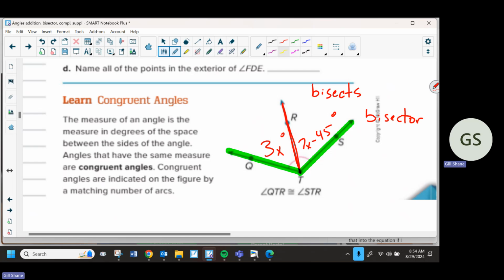If I know that little angle is congruent or equal to that little angle, because that comes from the bisector word, that's my equation. I just replace the word equals with an equal sign. So I know this angle, which is 3x, equals that angle, which is 7x subtract 45.